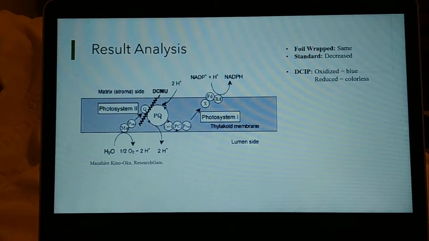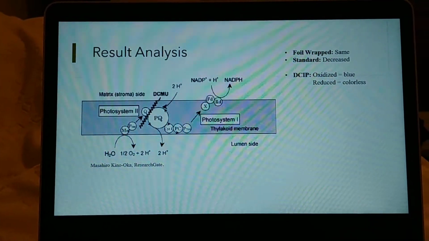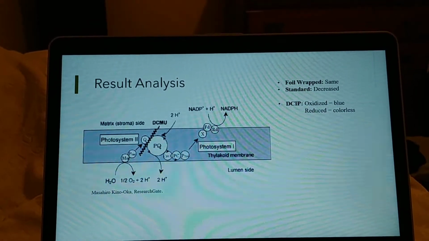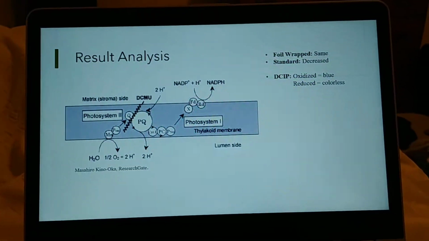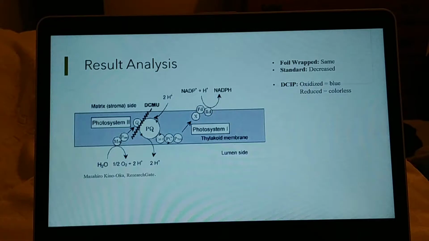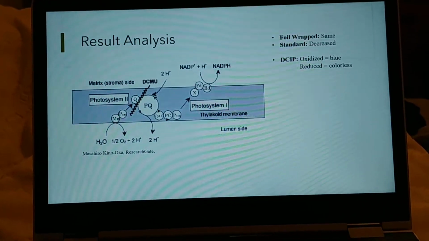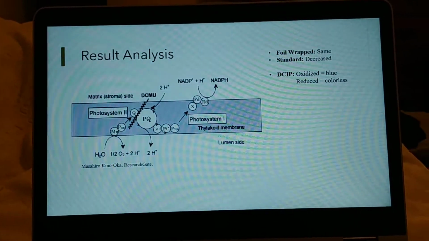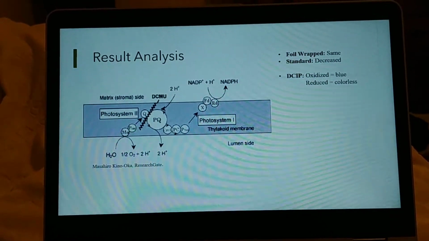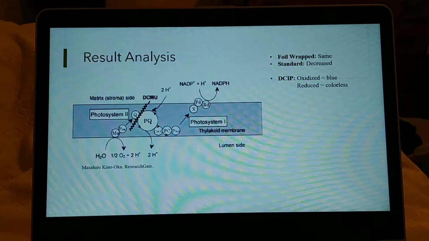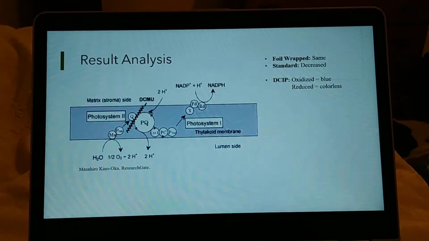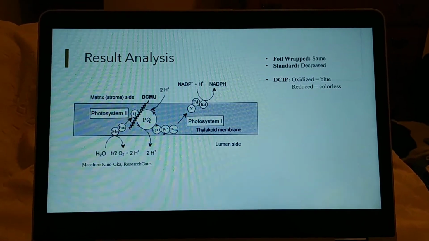For the results analysis, we can start with the standard. So the standard decreased in absorbance because it was placed in front of the light throughout the entire experiment, and there's no DCMU, nothing that would inhibit photosynthesis. So the chloroplasts in the tube were able to use that artificial light and carry out photosynthesis to create glucose, energy, and oxygen.